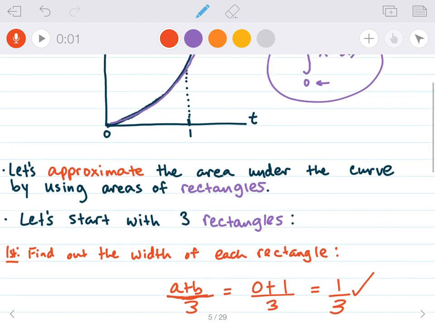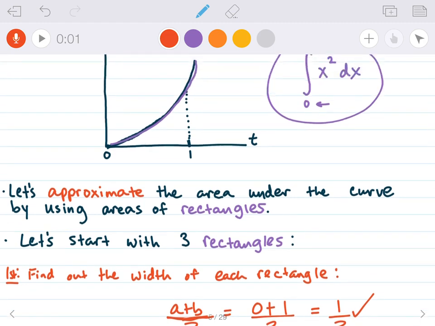Let's draw that in our picture. We have this rectangle from 0 to 1 over 3. This is my first width of the rectangle right here. And then what comes next? If I add a third to 1/3, I get 2/3.